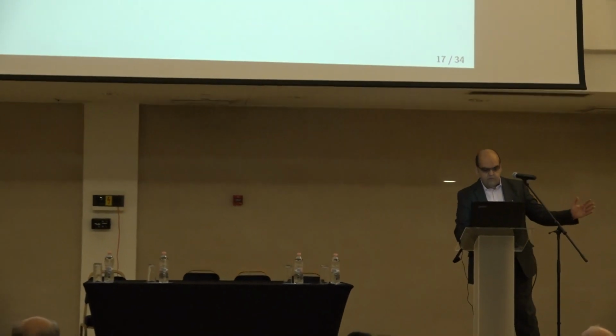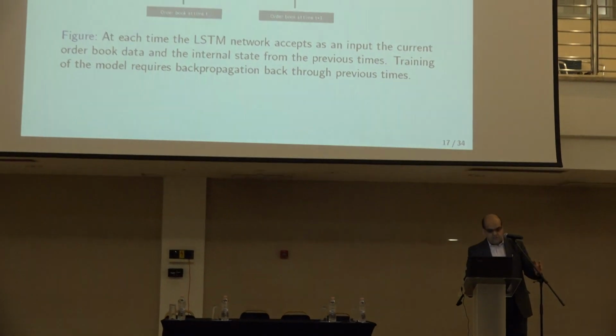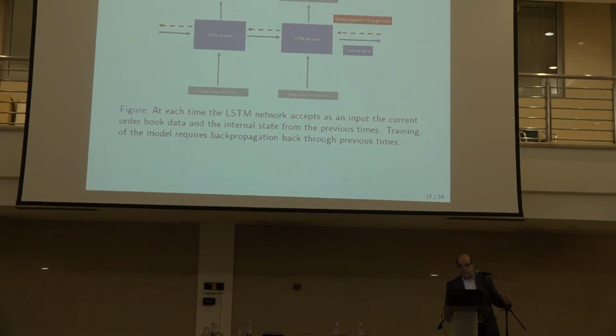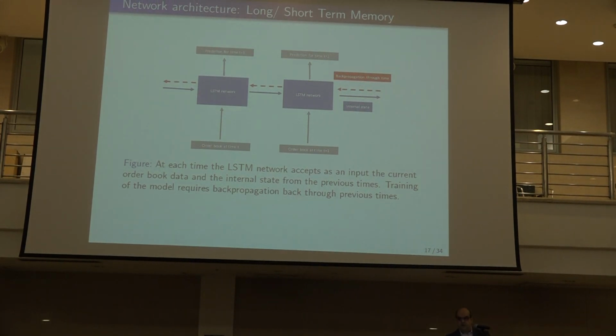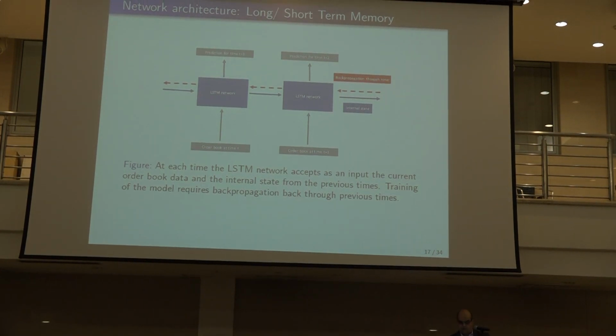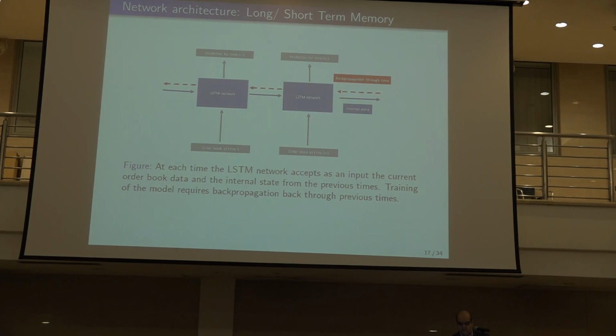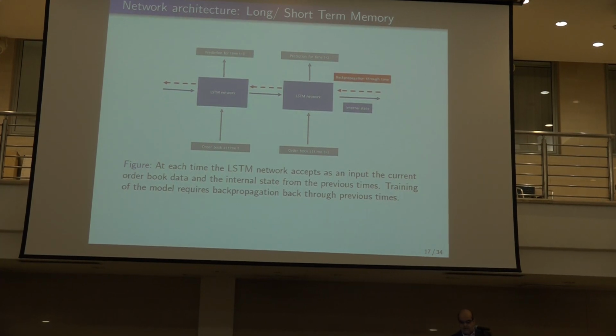So you need to now train this network. And to train this network, you need to go through the data, you sweep through the time series, and at each observation point, which corresponds to price changes in our data, we update the weights. Okay, and how is it done?